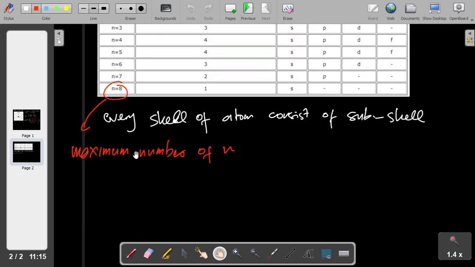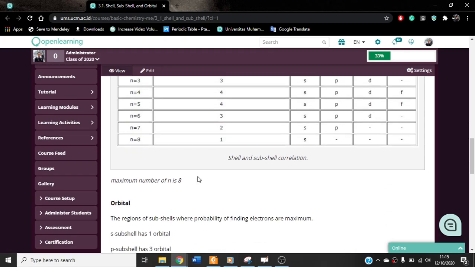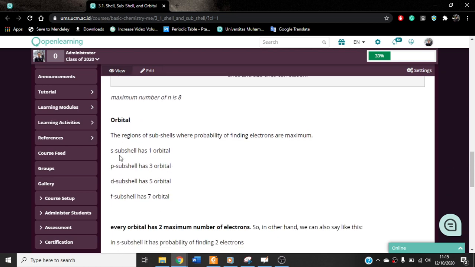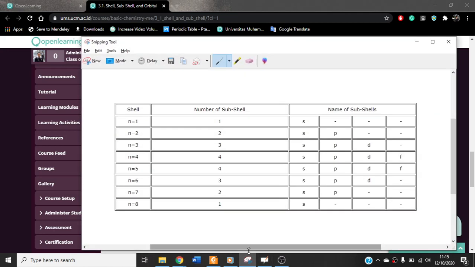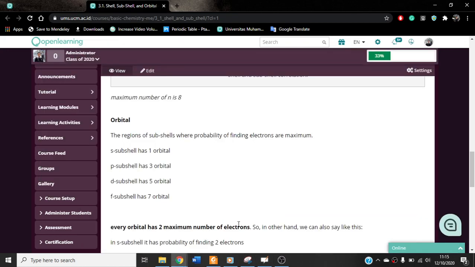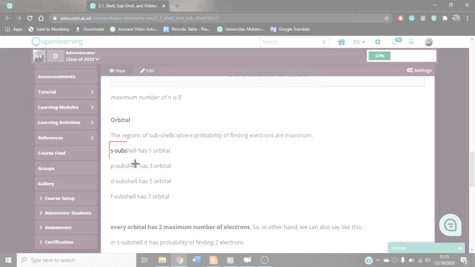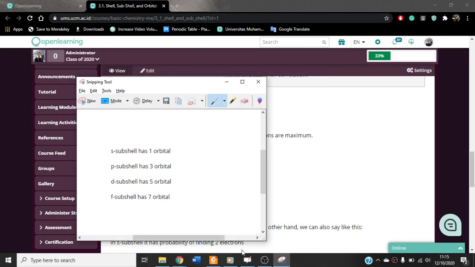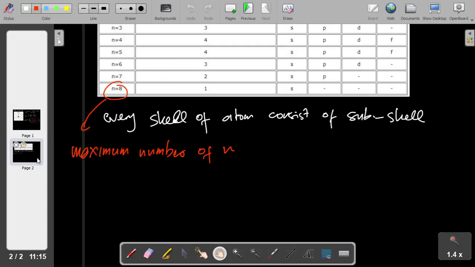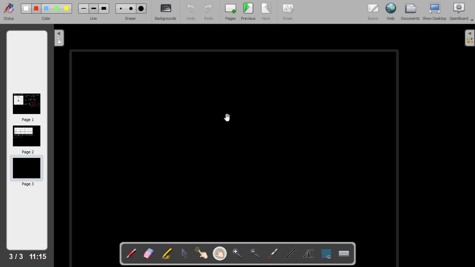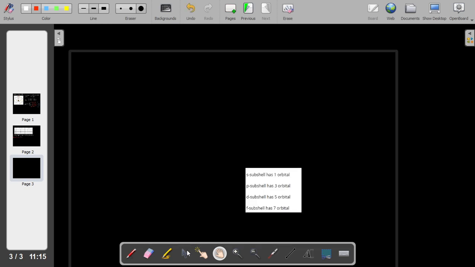And also the orbitals. I will bring this to the board, using a new page.